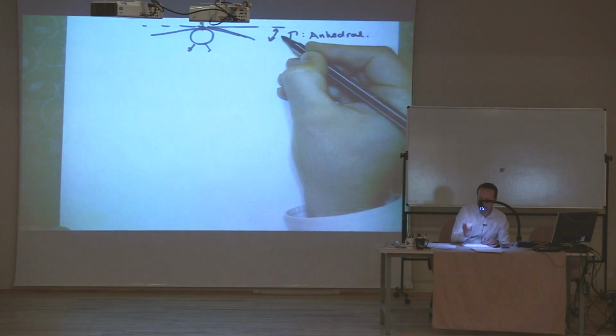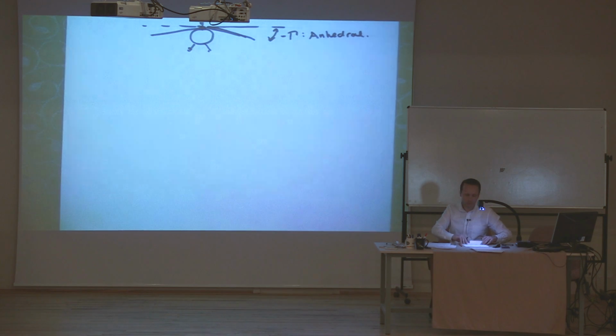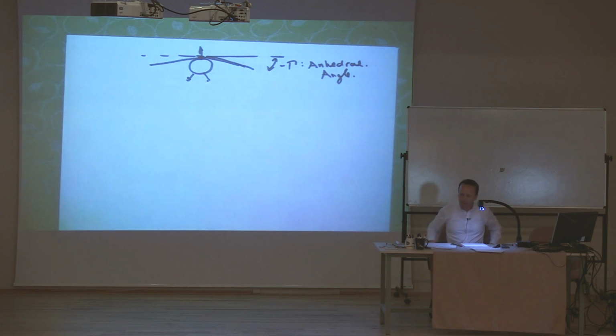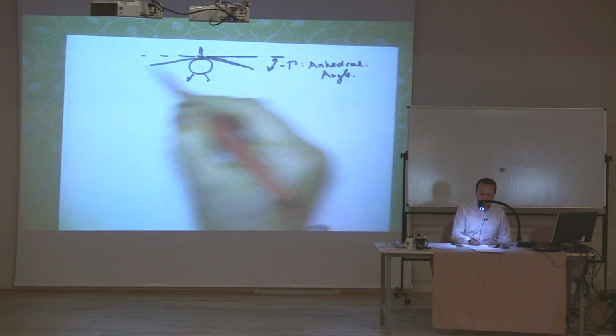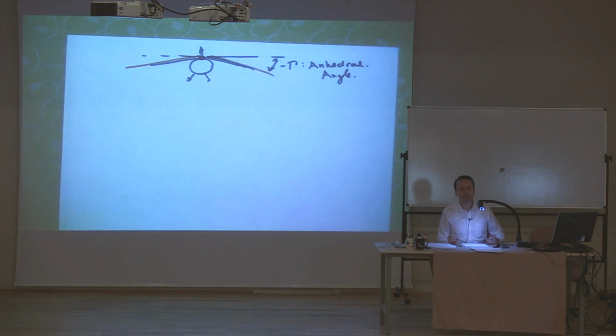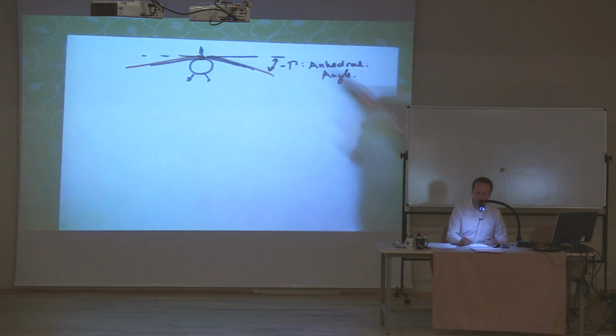You might want to say a minus if you are really picky about this, but this is what we call the anhedral angle. You have probably seen this on large airplanes, where the wings are on the top of the aircraft. On the top of the aircraft, you have this anhedral.